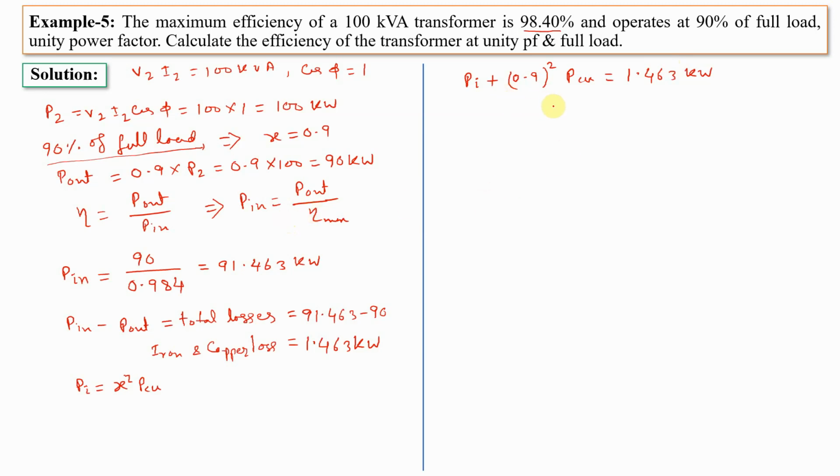Here iron loss is equal to X square PCU.